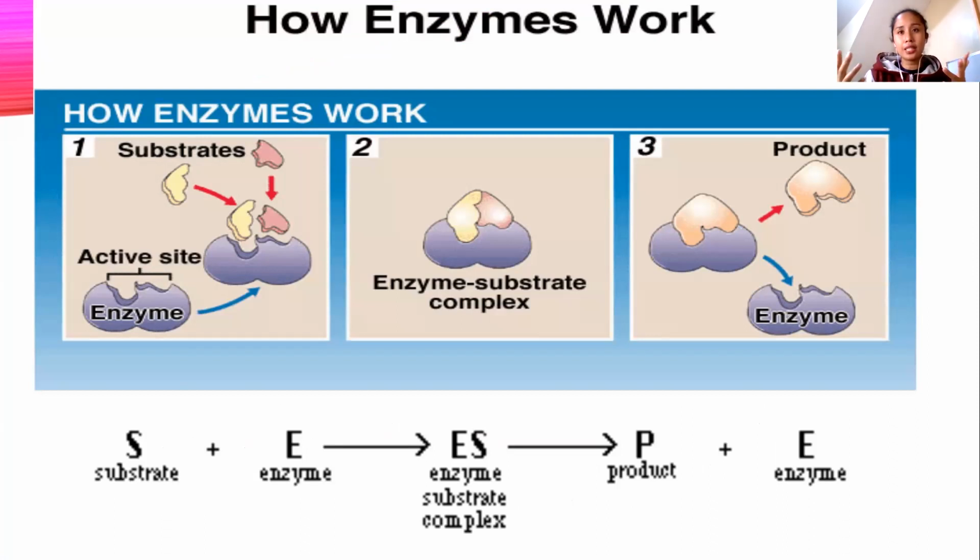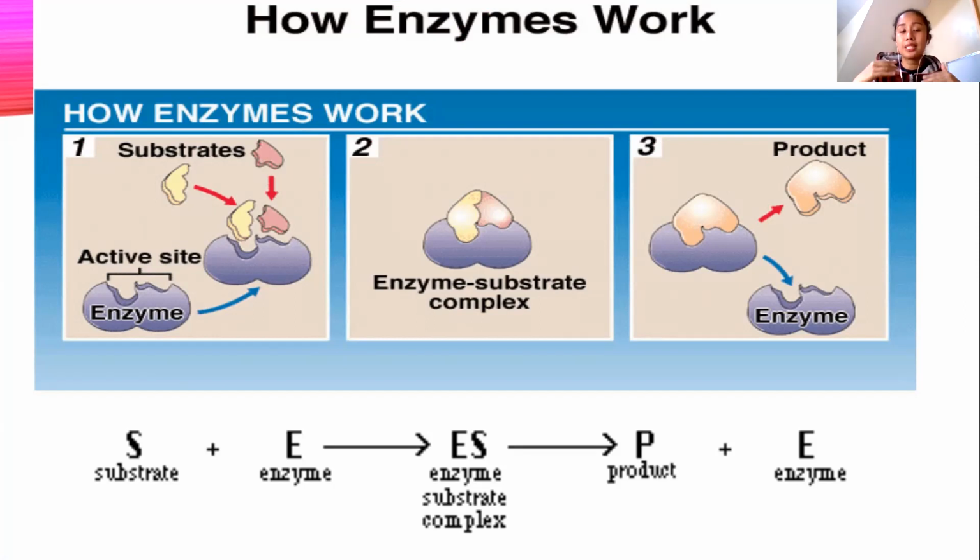As you can see in this image, this is how your enzyme works. Your enzyme catalyzes your chemical reactions. It expedites them, meaning it speeds up your chemical reaction. It does not activate the chemical reaction.